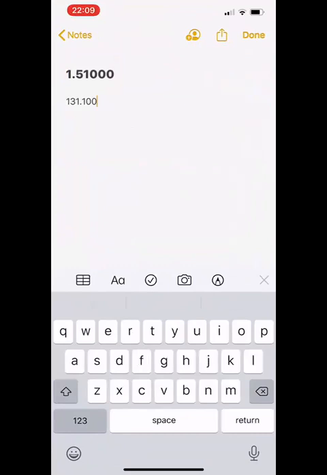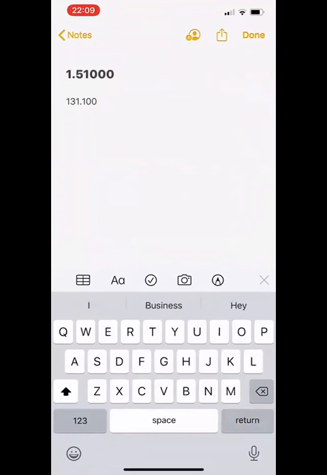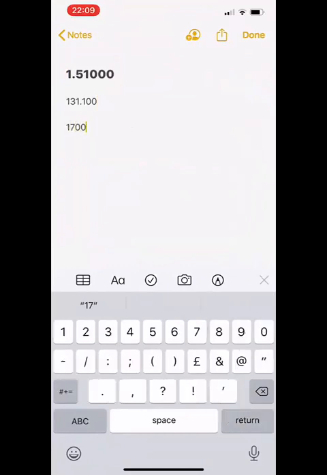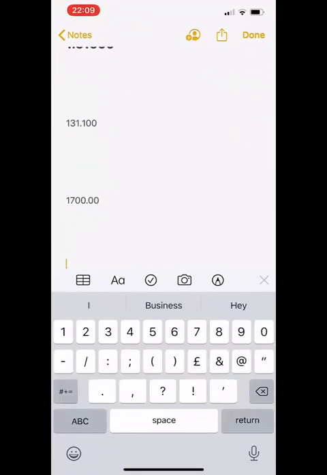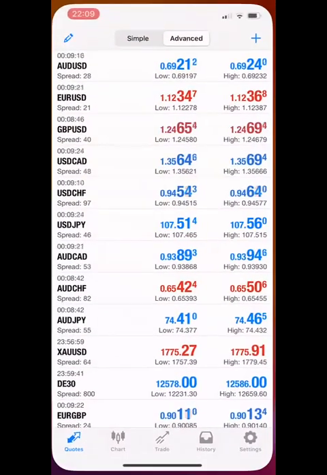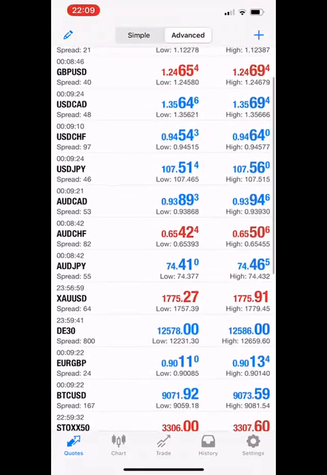Gold, for example, and other pairs are like 1700.00. And then other currency pairs like AUD/JPY is like 74.100. Let me make sure I've covered all the different ways the pairs could be.